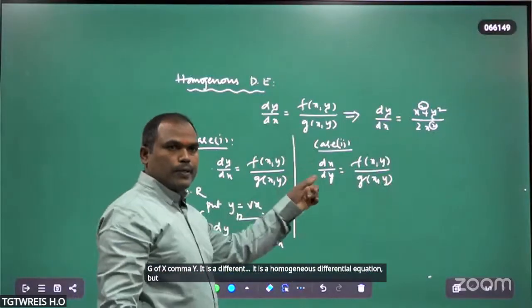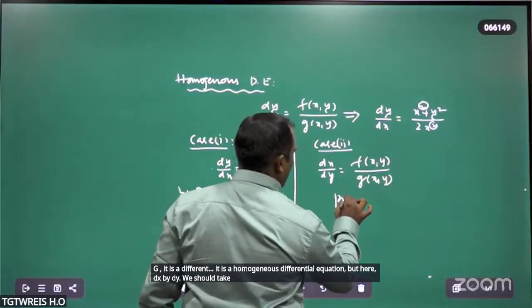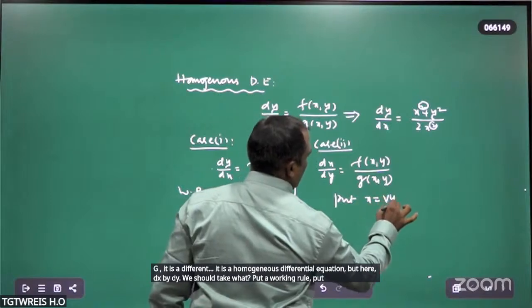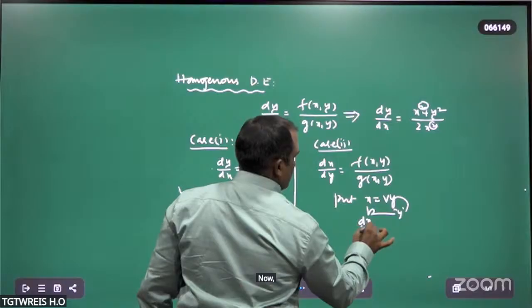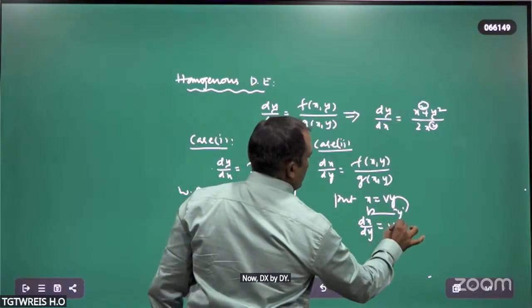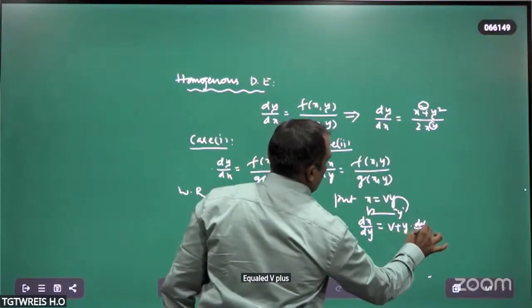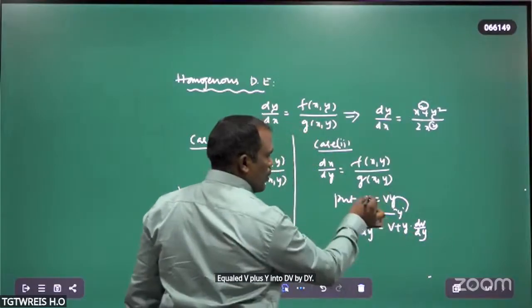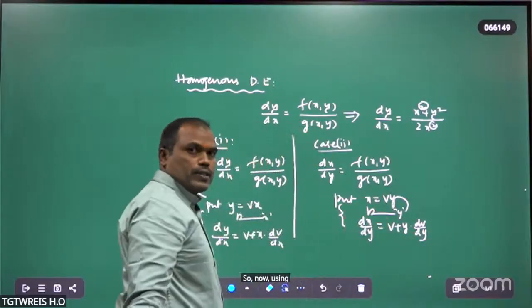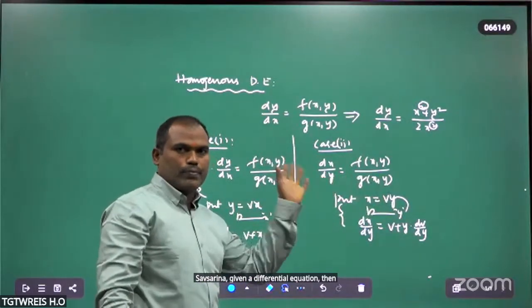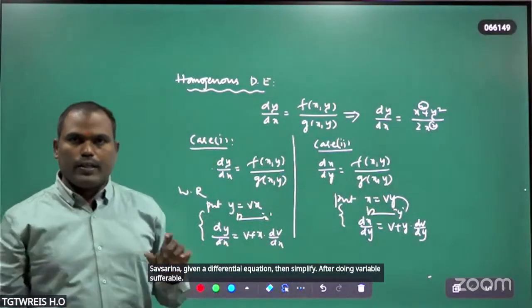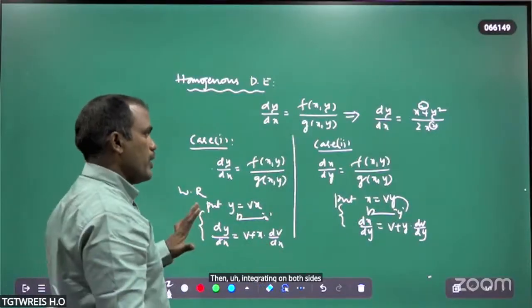But here for dx by dy, what should we take? The working rule: put x equal to vy. Now differentiate with respect to y. Now dx by dy equals v plus y into dv by dy. So now using these two conditions, substitute in the given differential equation, then simplify, do variable separable, then integrate on both sides, and we get the answer.